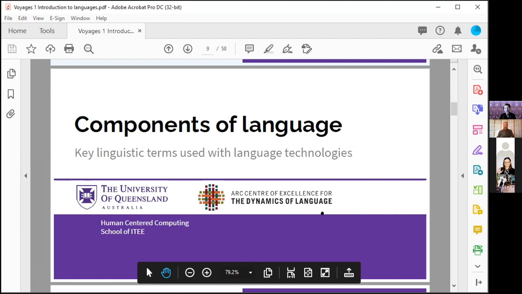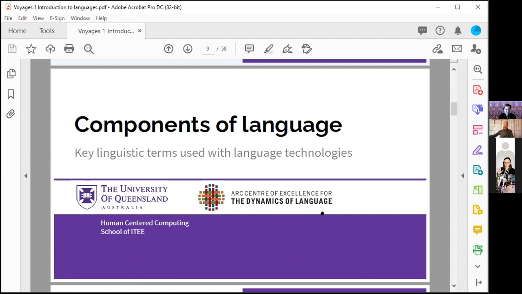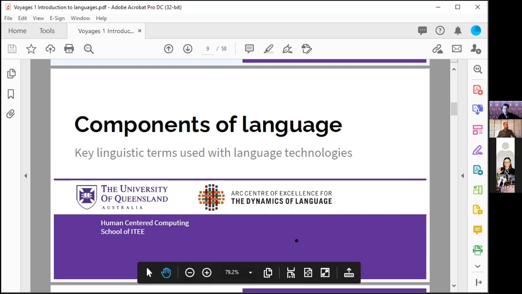So coming back to the components of language, there is a specialized terminology for every field. And part of what you need to know is what those key terms are, and what they tell you: what are the components that create this field that you're studying. So linguistics is a field that has a huge number of new terms.